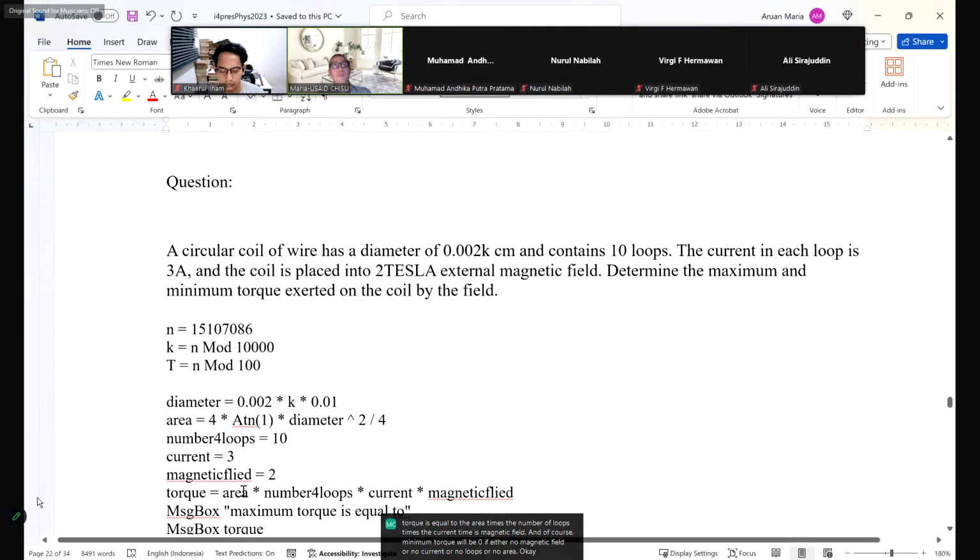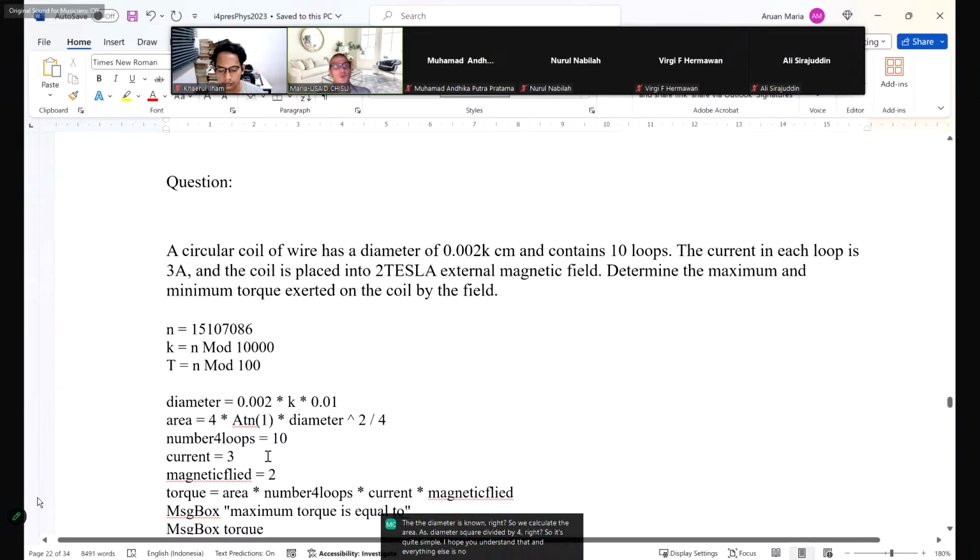Okay, but the maximum torque is going to be the area times the rest, which you know. So how do we calculate the area? The diameter is known, right? So we calculate the area as pi times diameter squared divided by 4, right? It's quite simple. I hope you understand that. And everything else is known.